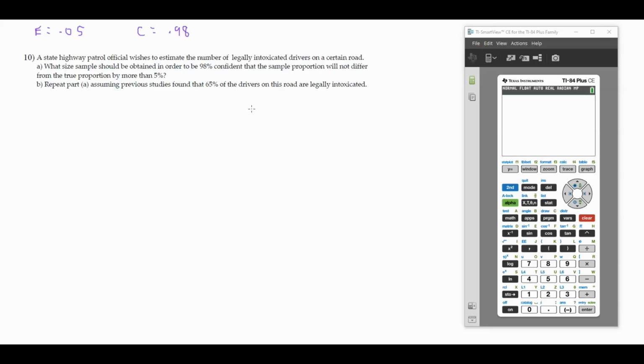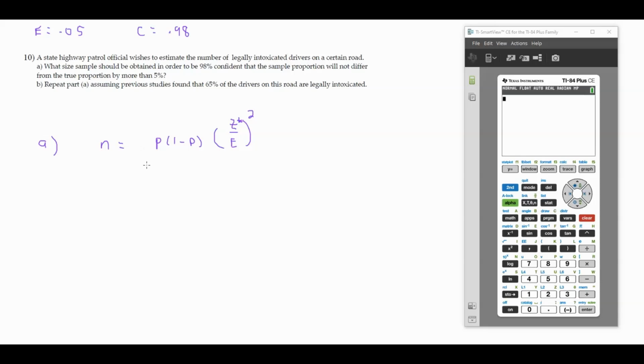Now, I need to find Z star because for part A, I need to use the following formula. N will be P, 1 minus P, Z star over E, squared.